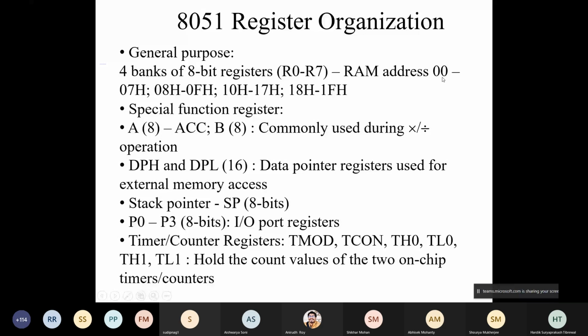The number of hex digits here is just 2. That means this address is also 8-bit. This address is not 16-bit. If you're going off chip or to the ROM area, typically we go for 16-bit addressing. But in 8051, traditionally, if you look at internal registers or internal RAM, then we only talk about an 8-bit address, 8 digital bits. That means 2 digits of hex, and each of these is 4 bits.